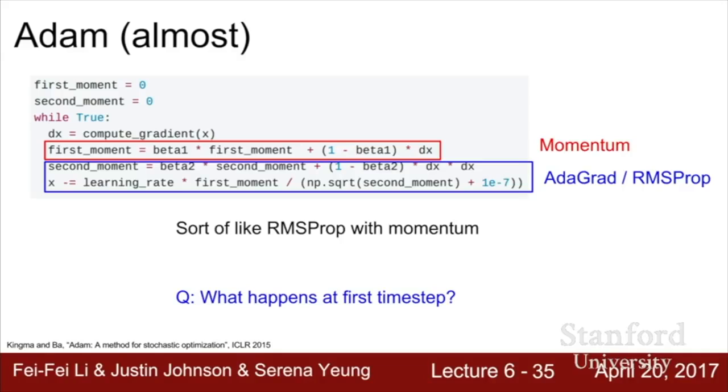So after one update, our second moment is still very, very close to 0. Now, when we're making our update step and we divide by our second moment, we're dividing by a very small number. So we're making a very, very large step at the beginning. And this very large step at the beginning is not really due to the geometry of the problem. It's an artifact of the fact that we initialized our second moment estimate with 0. Question?